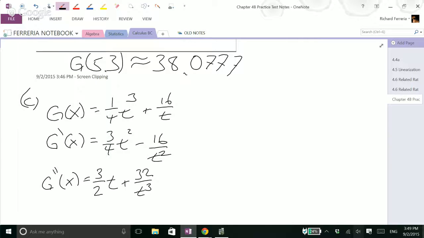Now we can actually look at all this. What is g of 2? What is g prime of 2? G prime of 6. 239 over 9.